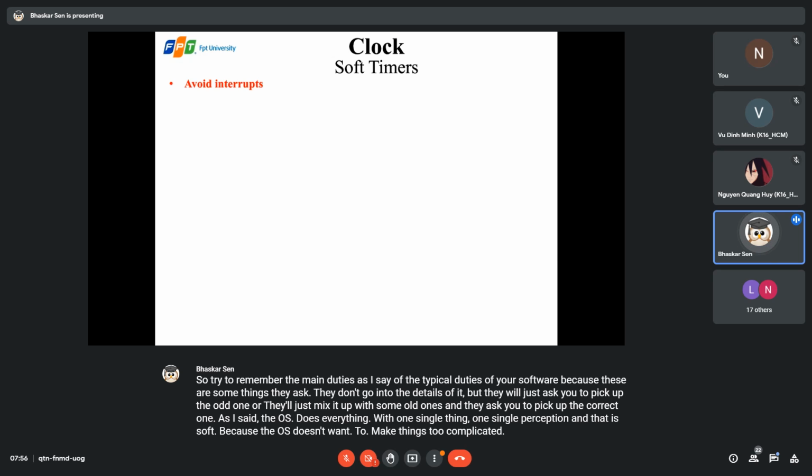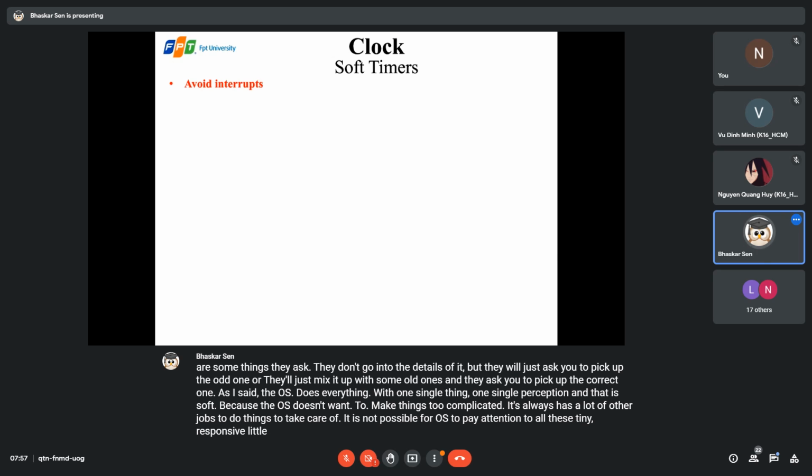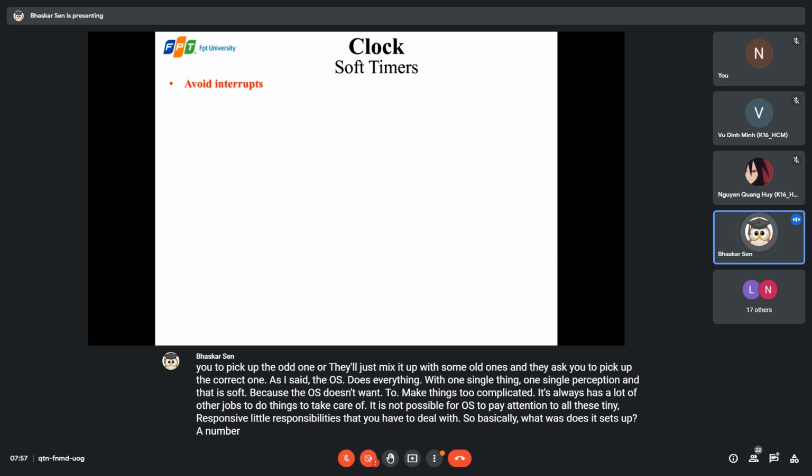Because OS has a lot of other jobs to do and things to take care of. So it is not possible for OS to pay attention to all these tiny, little responsibilities that you'll have to deal with. So basically what OS does, it sets up a bunch of soft timers.